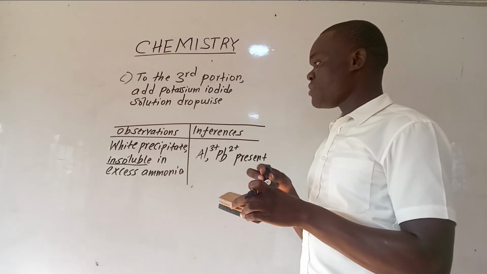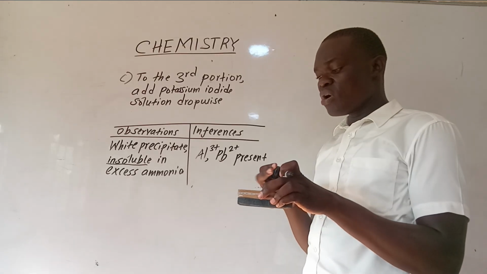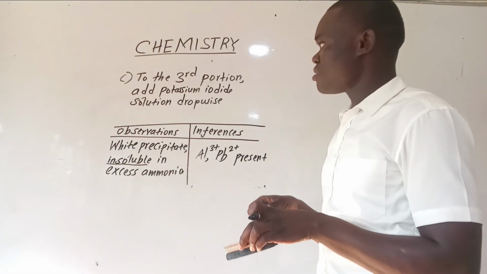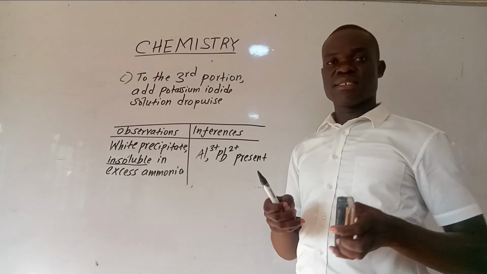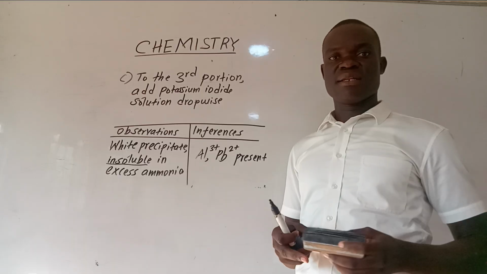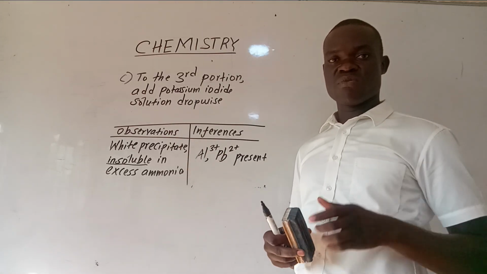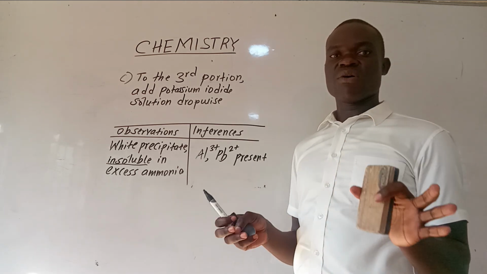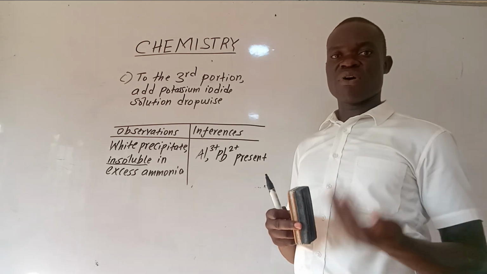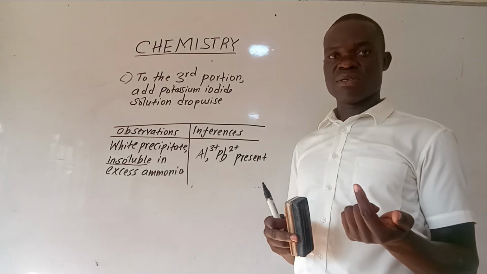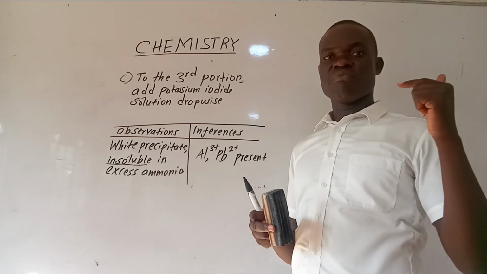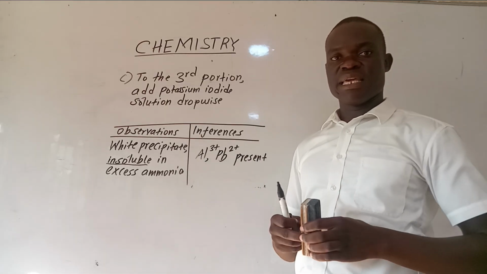When we add potassium iodide, for all these reagents you must know what will happen. I said in Chemistry Paper 3, testing for qualitative analysis, you go to an exam room knowing all the chemicals, what they are used for and the expected observation. And you must know the expected inference.